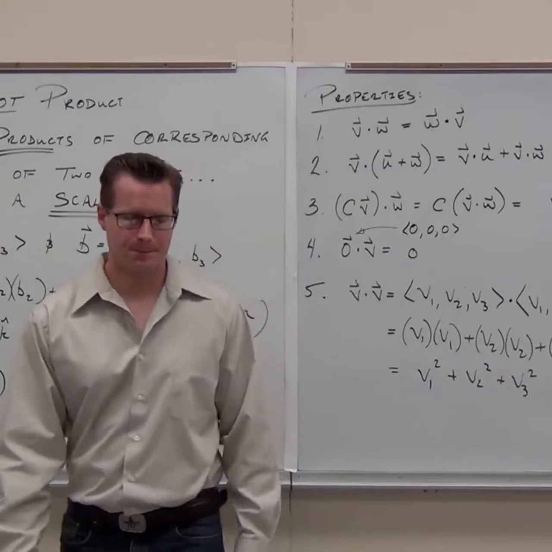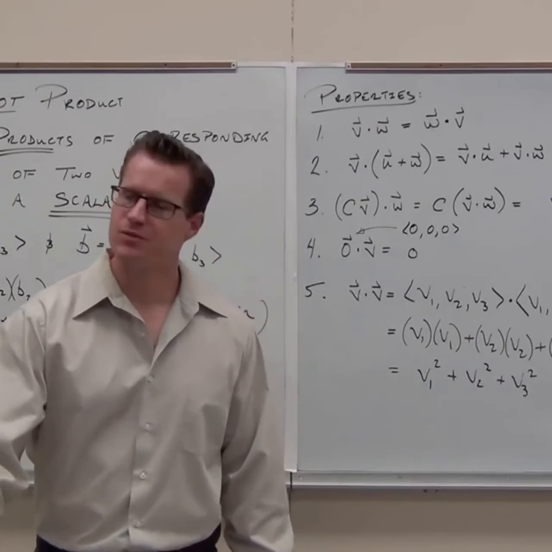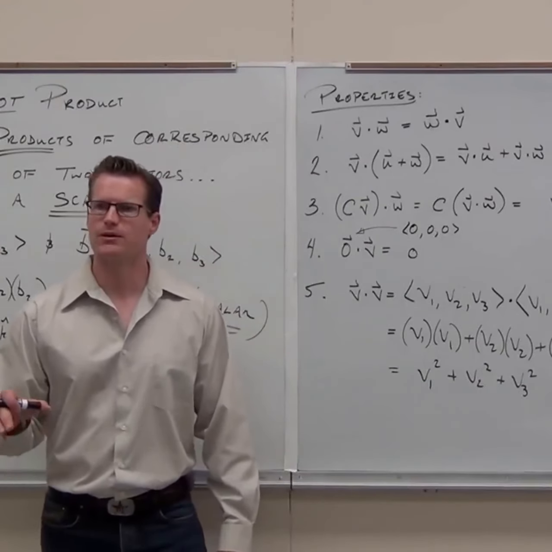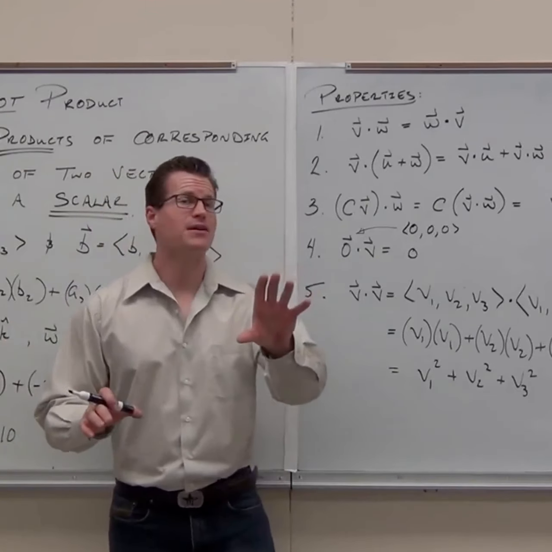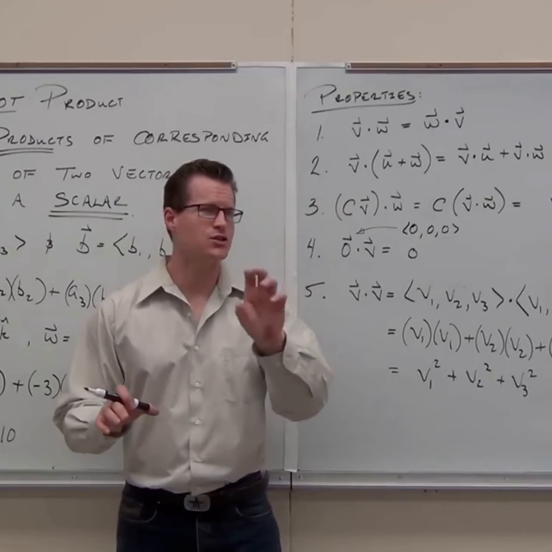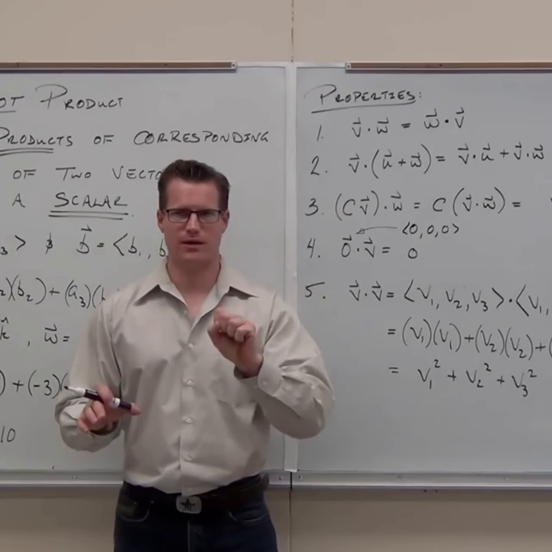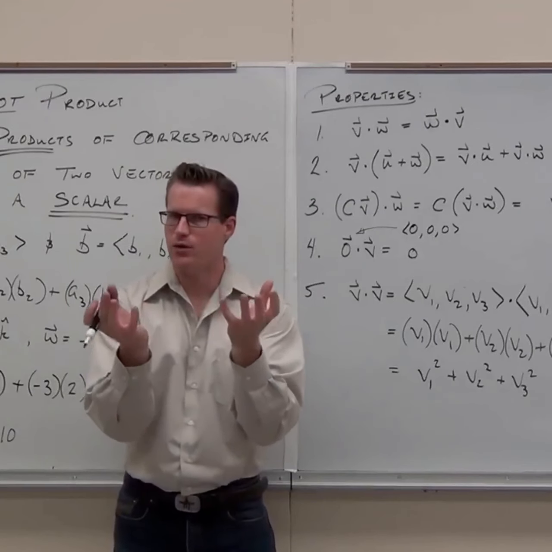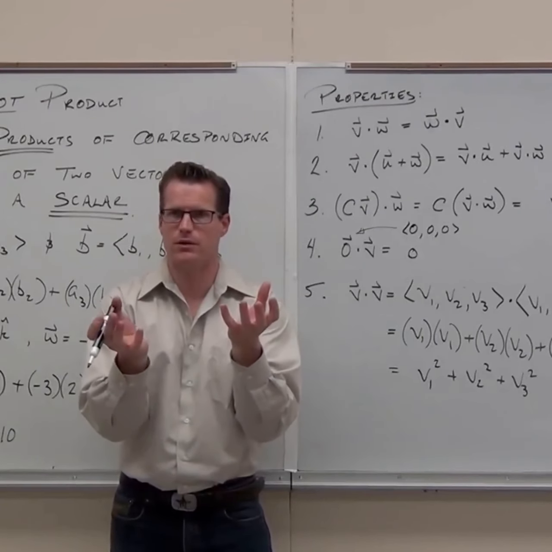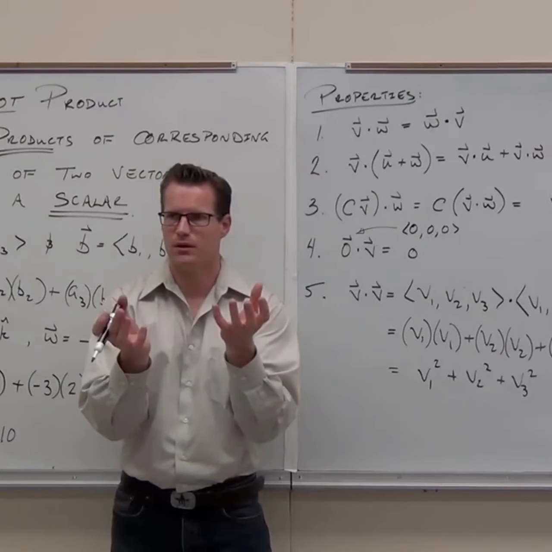Awesome. But there's more than that. In fact, this looks real familiar. If I asked you to find the magnitude of V1, could you do it? Explain to me quickly how you find the magnitude. What do you do? Square root.